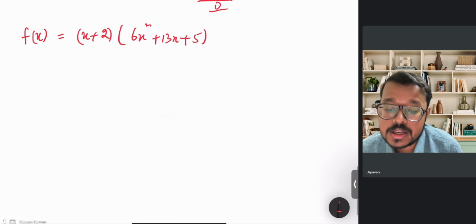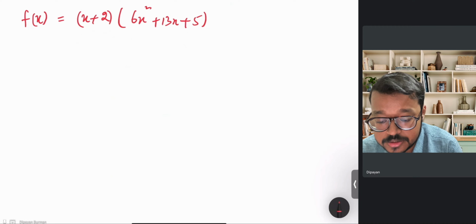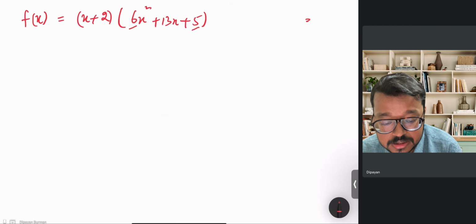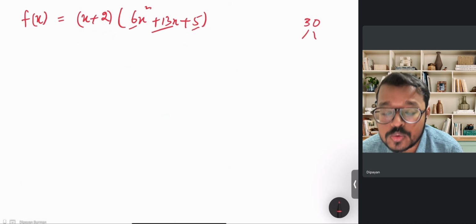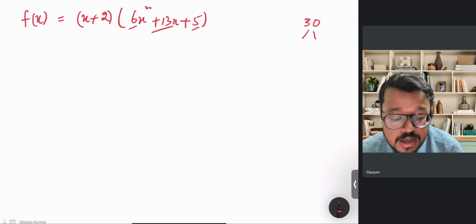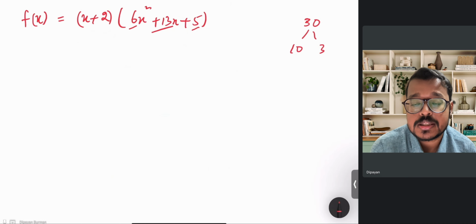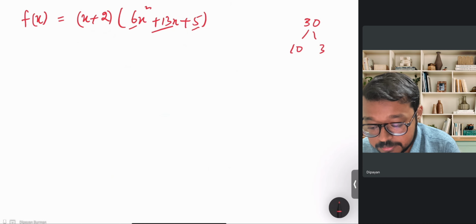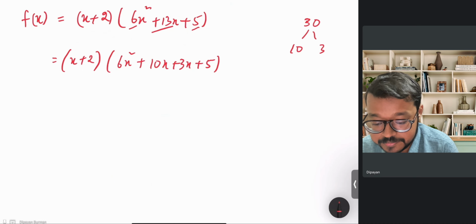Now I will again try to factorize the quadratic polynomial by splitting the middle term. So 6 into 5 is 30. I need product of two numbers as 30 and the sum of the two numbers should be 13. If I try some combination, 10 into 3 is 30, 10 plus 3 is 13. So the middle term splitting will be done like that. 6x squared plus 10x plus 3x plus 5.